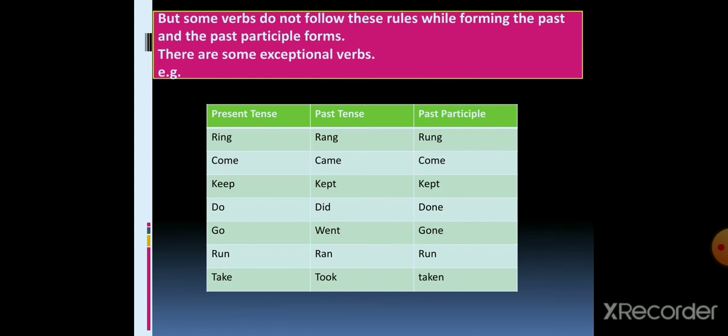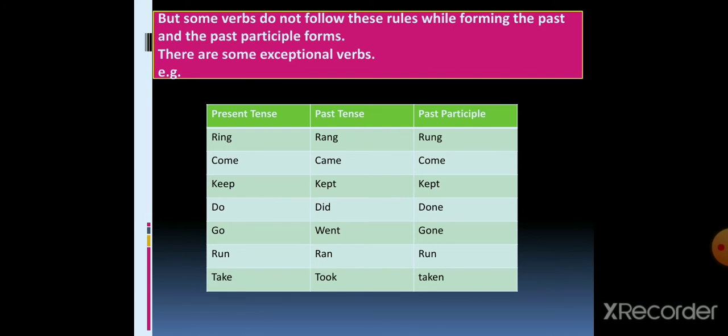So the first example, as I told you, ring, rang, rung, come, came, come. See the complete spelling change. Keep, kept, kept. Regular example, do, did, done. Go, went, gone. Run, ran, run.